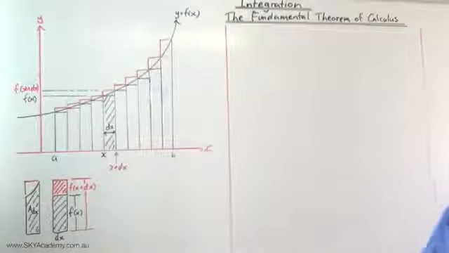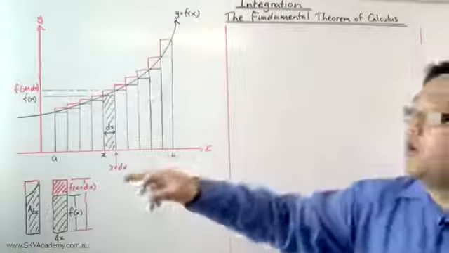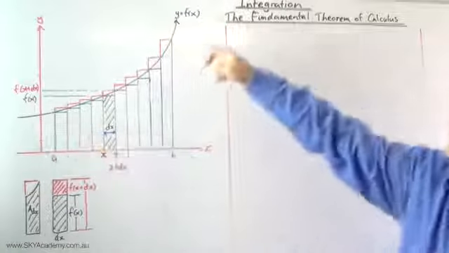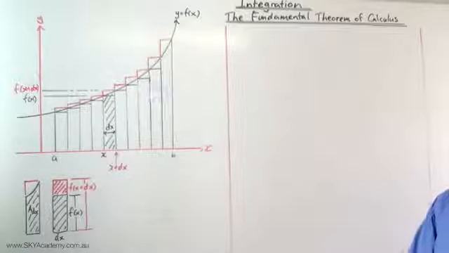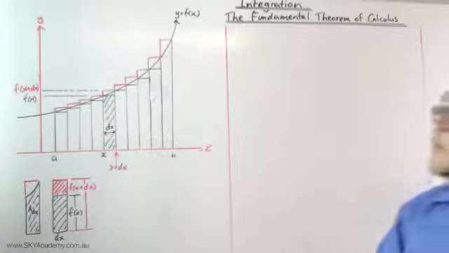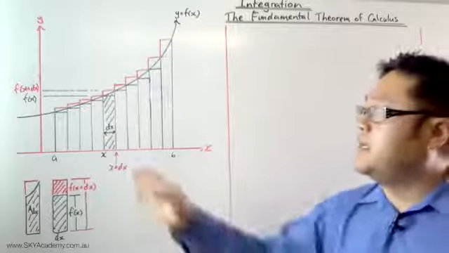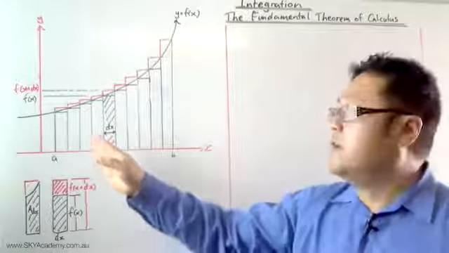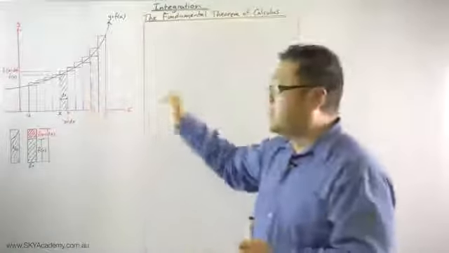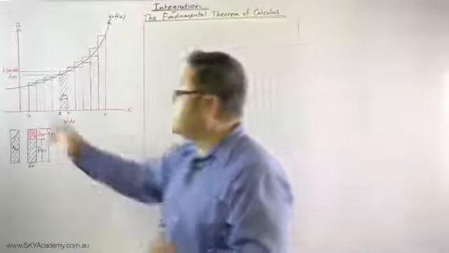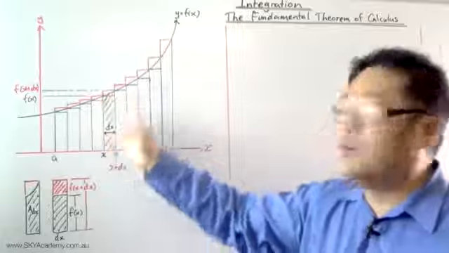Over here, I actually have a curve, y is equal to f of x, and it looks like that. If you notice, along this curve I've divided it up into little strips. You've got a strip over here, a strip over here, a strip over here.